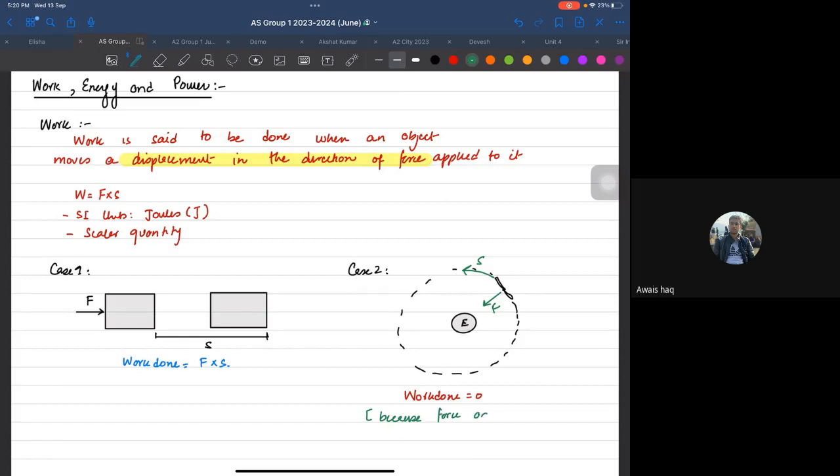Force and displacement are not parallel. They must be in the same direction or against it. In this case, the satellite will neither move closer to Earth nor move away, so it's not possible that it's doing any work. Is it clear now?